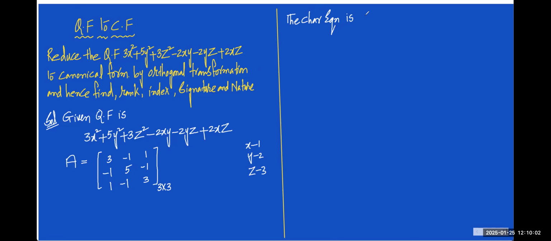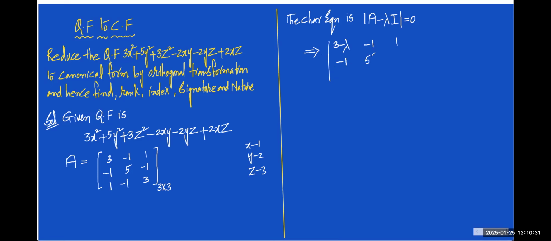The characteristic equation is, we know that it is magnitude of A minus lambda I is equal to 0. This implies that magnitude of A minus lambda I, already told that there is a change in diagonal only. This is 3 minus lambda, minus 1, plus 1, minus 1.